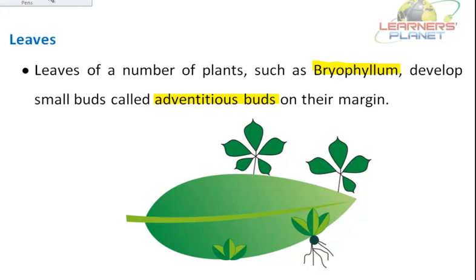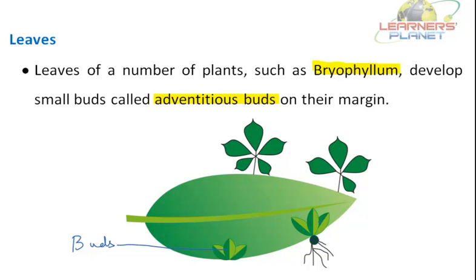Now what happens is that these are some of the buds. These are called adventitious buds. So these buds grow into new plants when the leaf falls from the parent plant.